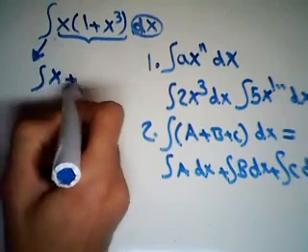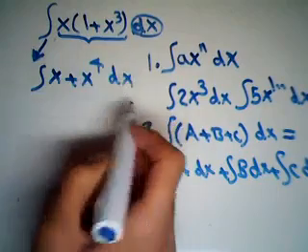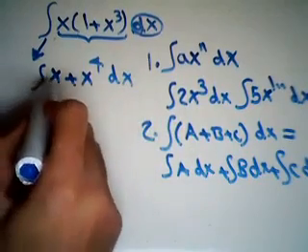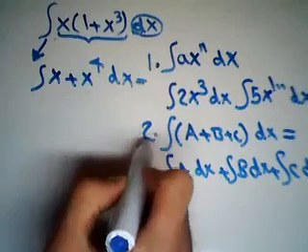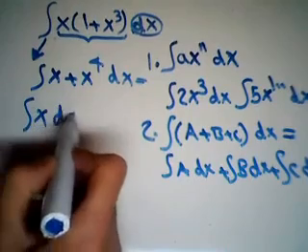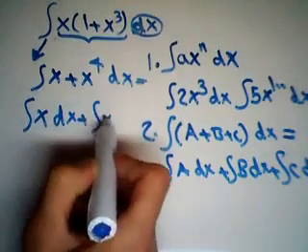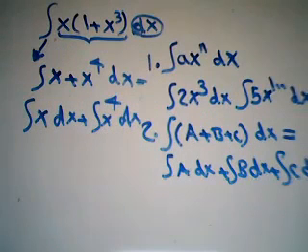So that would be x plus x to the power of 4 dx. Now we could calculate it, because according to the second rule, that would be equal to the integral of x plus the integral of x to the power of 4. And according to the first rule, we know their integrals.